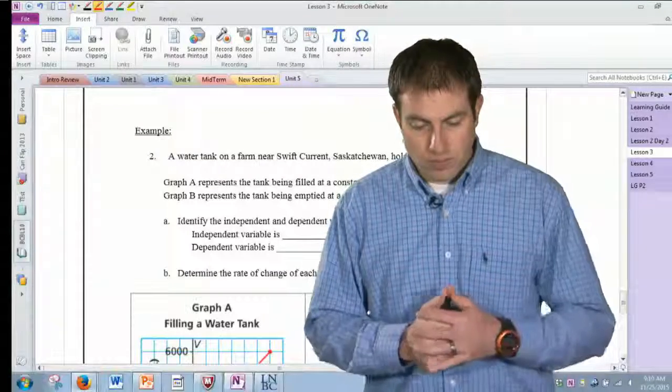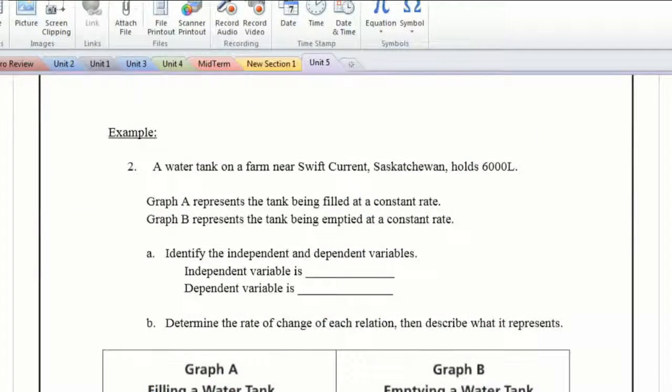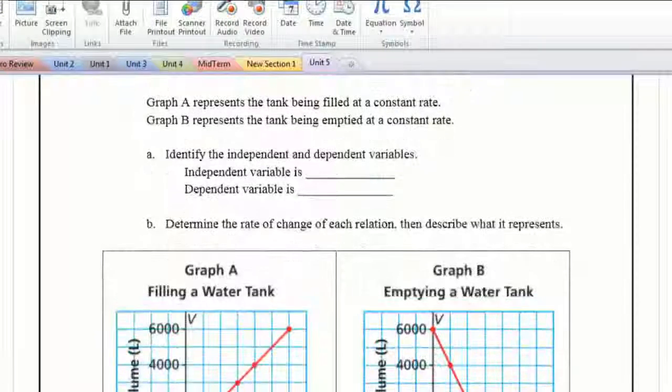A water tank on a farm near Swift Current holds 6,000 liters of water. Graph A represents the tank being filled. Graph B represents the tank being emptied. Identify the dependent and independent variables. All right. So the independent variable in both of these examples is going to be time, because time is independent.